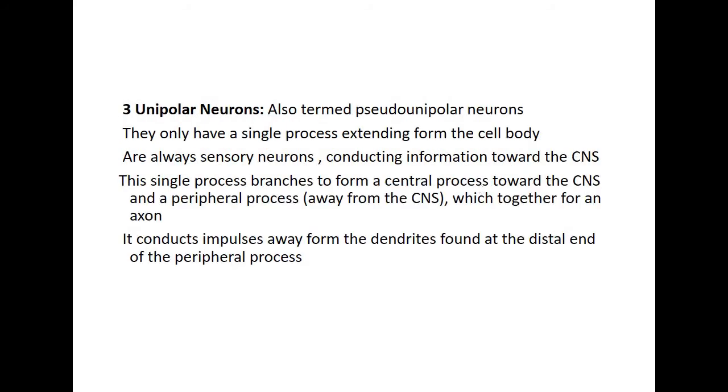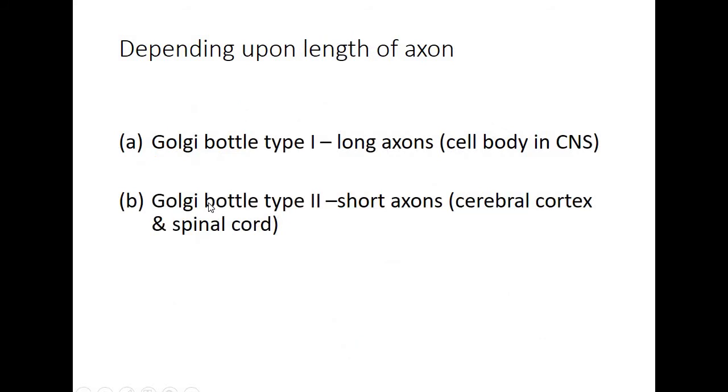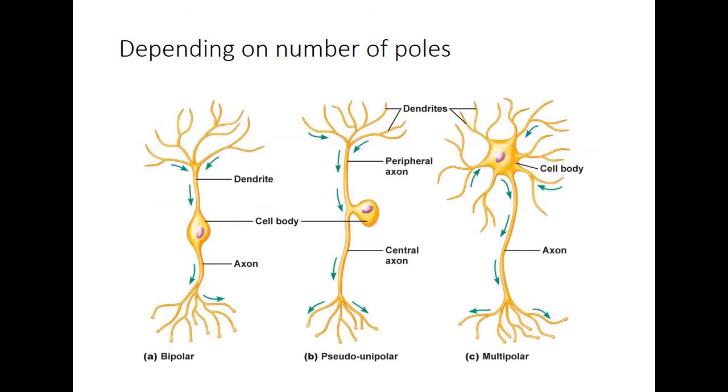The unipolar are also termed pseudo-unipolar neurons. They have only one process which extends from the cell body. They are always sensory neurons, conducting the information towards the CNS. You can see here, this is a bipolar having 2 poles, 2 processes. One serves as a dendrite and the other serves as an axon. This is the pseudo-unipolar. You can see here it has 1 pole.